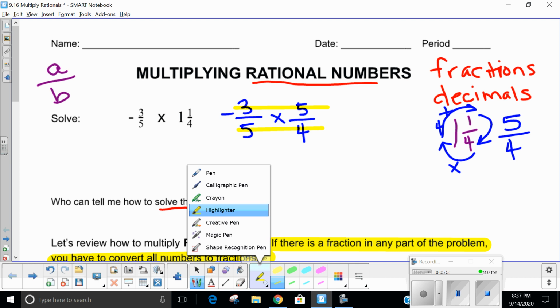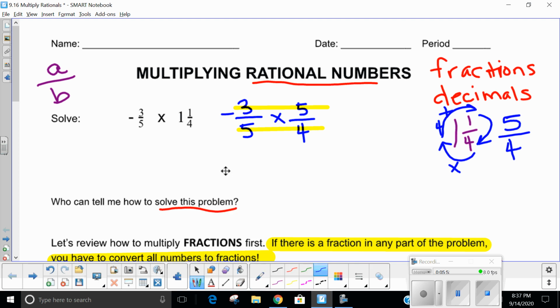So don't skip this step because this is going to be really important. So I'm going to take negative 3. The negative sign stays with the number up top. So I'm going to say negative 3 times 5. And I'm going to go ahead and put them side by side like this in parentheses. This means multiply. Then I'm going to multiply the two denominators together.